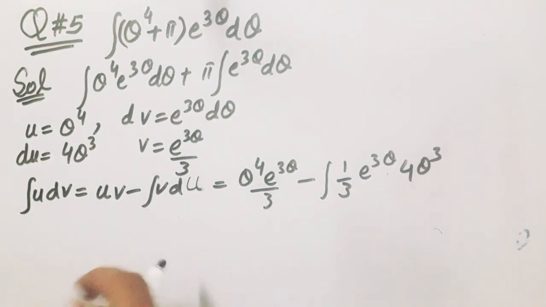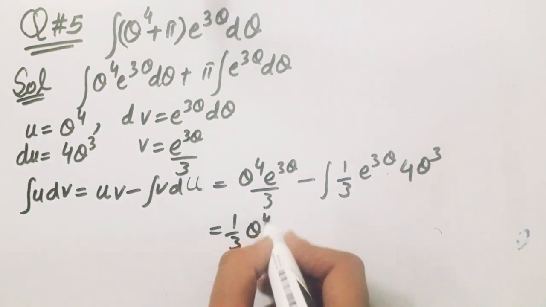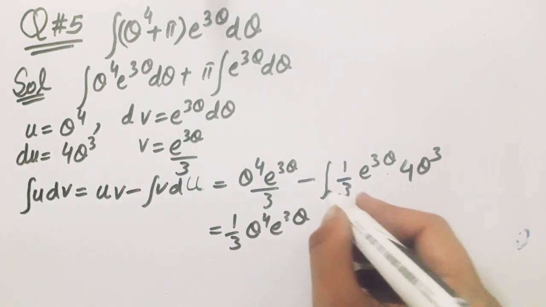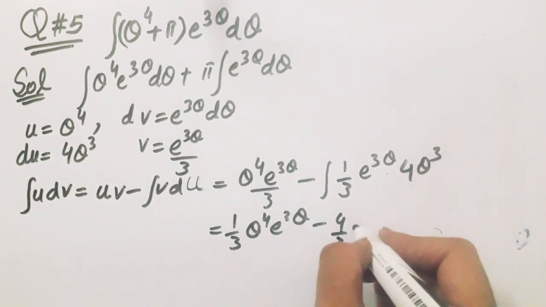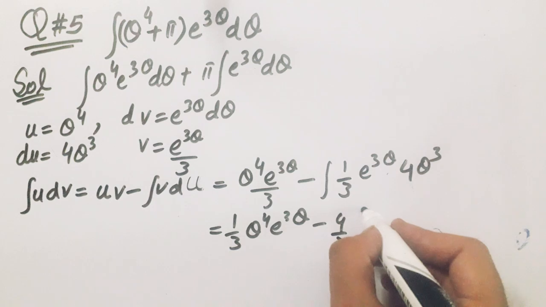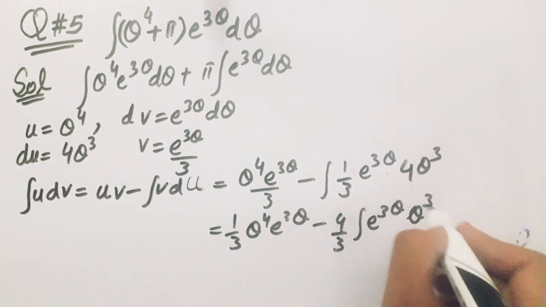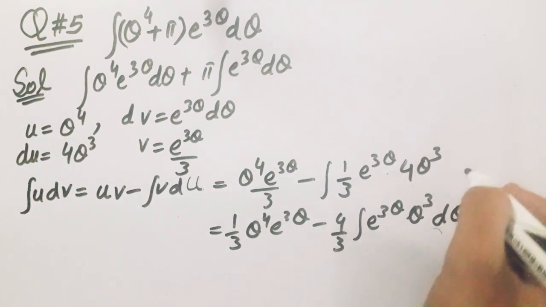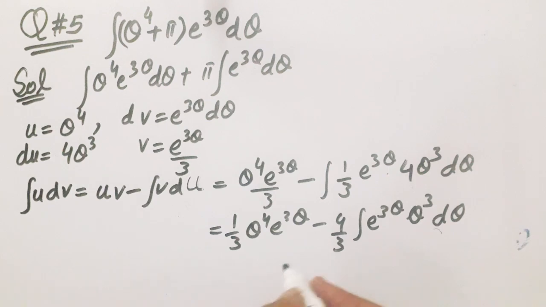Now by solving this you will get 1/3 θ⁴ e^(3θ) minus 4/3 integration of e^(3θ) θ³ dθ. Now we will apply the integration by parts formula again here and we will get the value. Now we will apply the direct formula upon this.